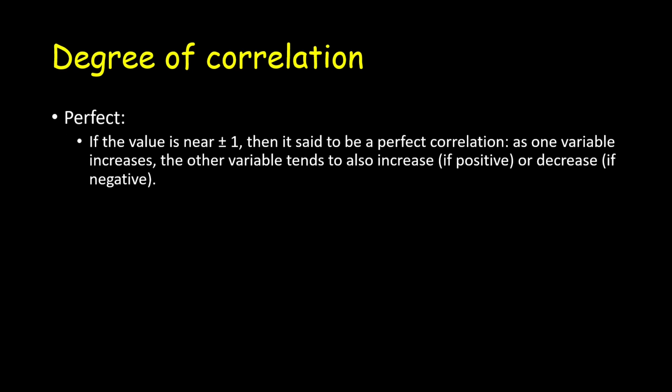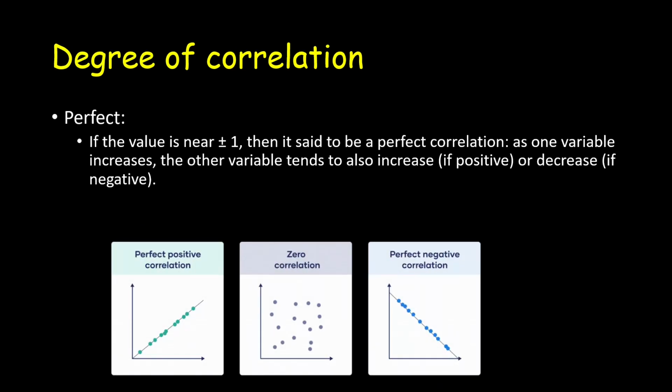This is the degree of correlation. First we saw positive and negative; here we have some extra things. Perfect: if the value is near plus or minus 1, then it is said to be a perfect correlation, whether positive or negative.